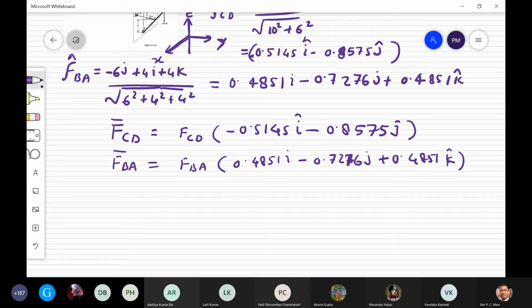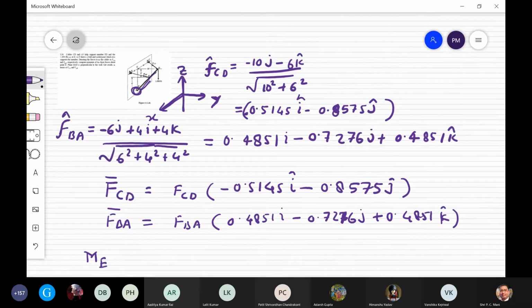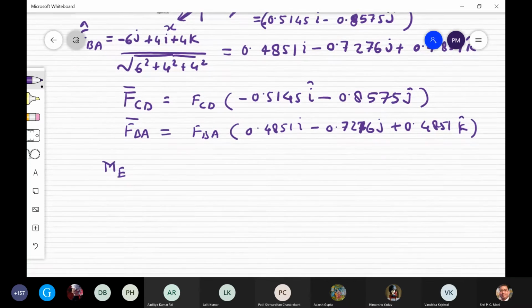Okay, now moment about E point निकालने के लिए. So if you are taking moment about E point, this force and this one, this force and this one, and this force and this one. Okay, clear. So you have to take position or displacement vector as per that.